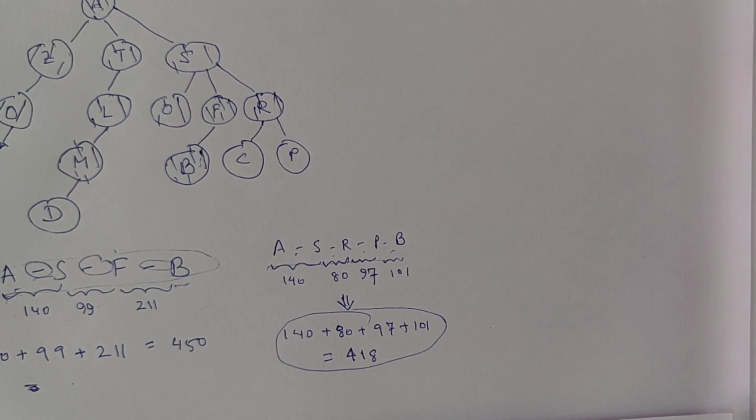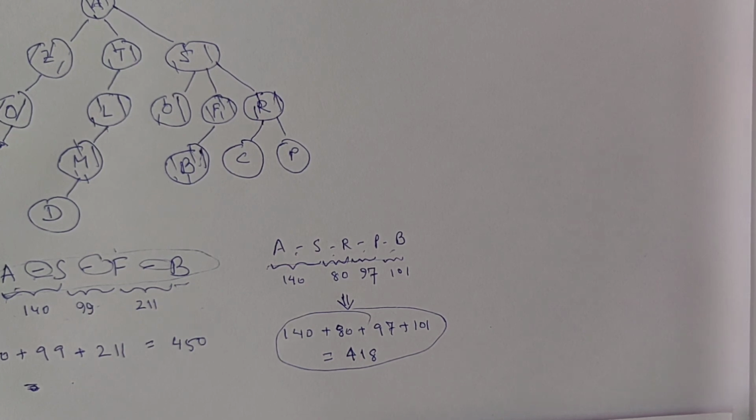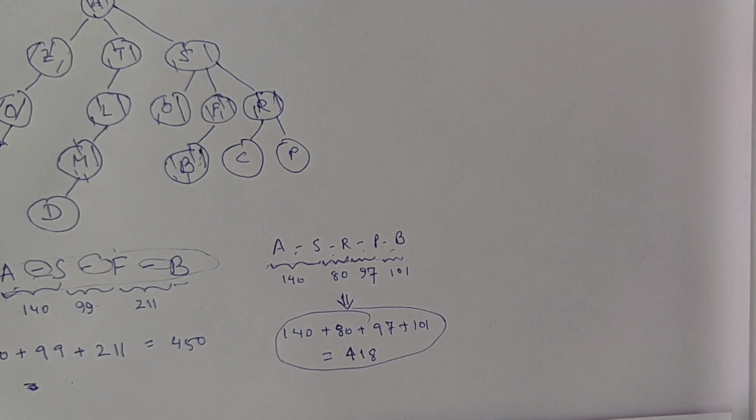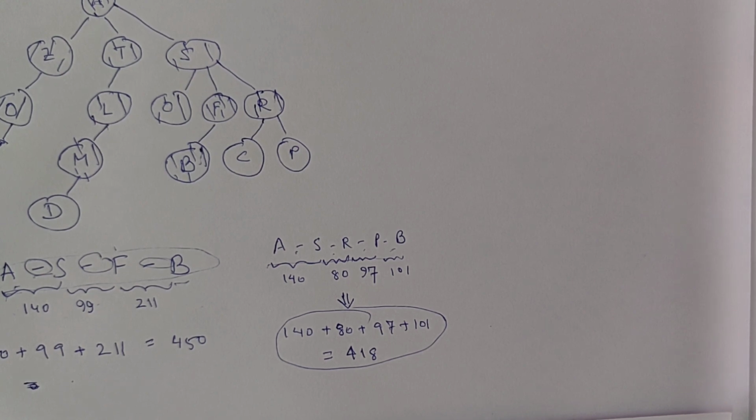So breadth first search could not give me the shortest path cost solution. It has given me the shortest path with respect to the number of steps, but not the shortest path cost solution. So how will we now get the shortest path cost solution? Let us see a different algorithm for that, which is called the uniform cost search.